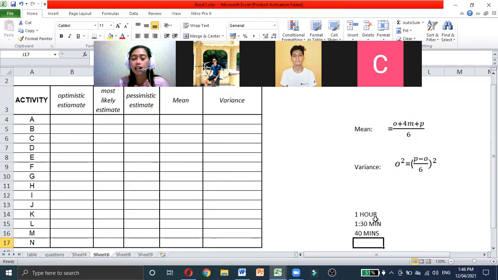So his usual time is 1 hour, without traffic and rain. His longest is 1 hour and 30 minutes when the traffic is terrible or he cannot get a ride right away. And the quickest is 40 minutes, when traffic is smooth and there is no rain. Now we already have the 3 estimates.